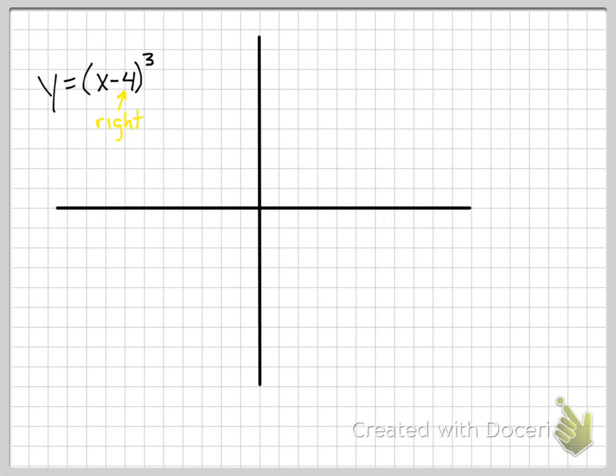When I shift everything to the right, this is my vertex, 1, 2, 3, 4 places over. And then I still go to the right 1 and up 1, and to the left 1 and down 1. Except that kind of looks like it would just be a straight line.